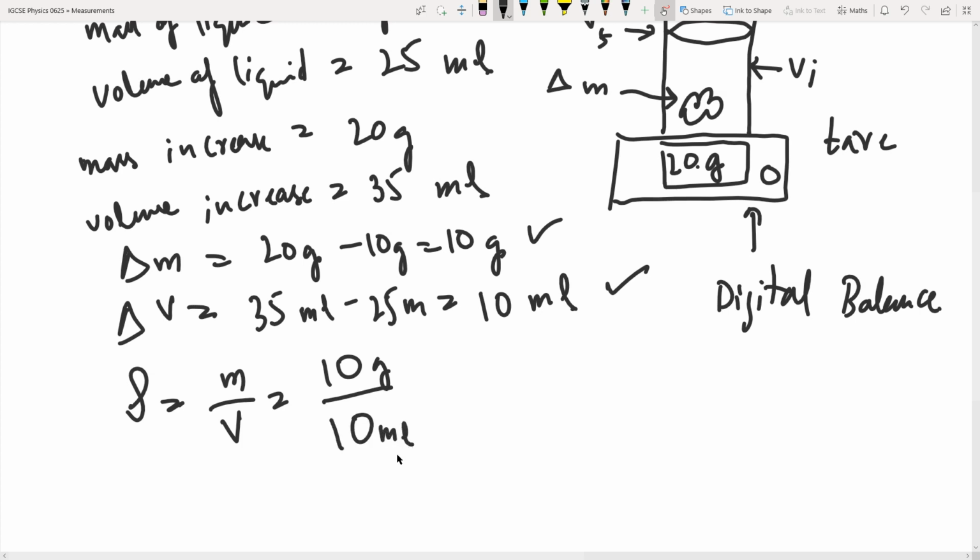I just told you that 1 ml is also equal to 1 centimeter cube, so I'm going to replace this unit from ml to centimeter cube, because we're talking about a solid object, right? So that is going to be 1 gram per centimeter cube. So this is how you're going to calculate the density of an unknown object, right?